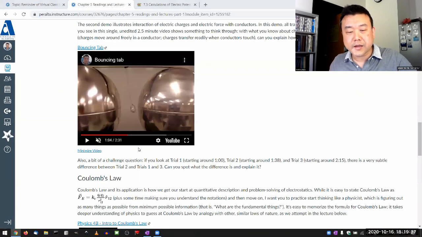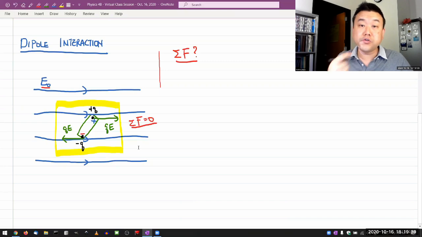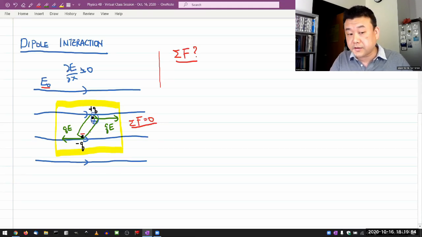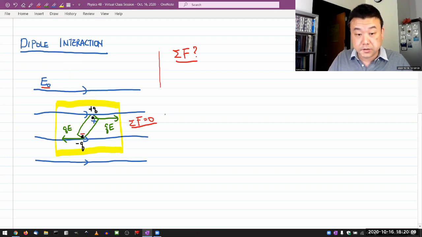Any net force on a dipole has to involve a non-uniform electric field. The derivative of the electric field has to be non-zero, so that there is a difference between the amount of force on one side of the dipole and the other side. You will see that handled eventually in some upper division class. For the purpose of this class, I'll say with a uniform field, net force on a dipole is 0.